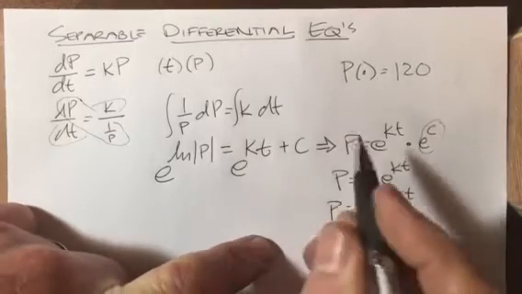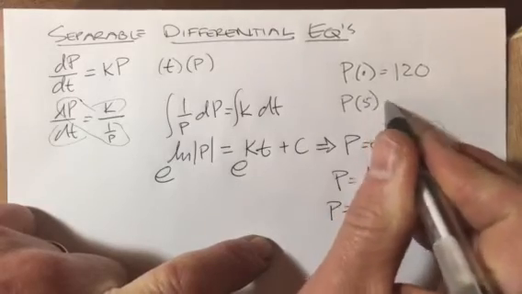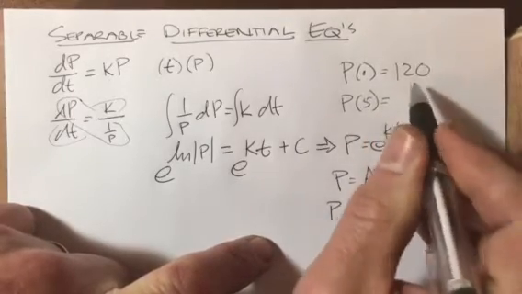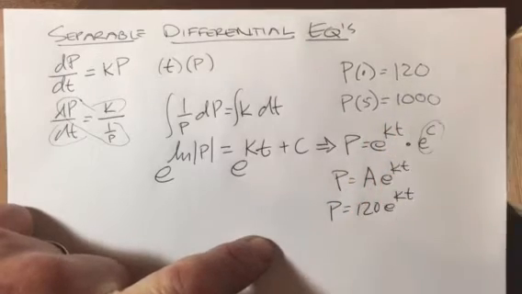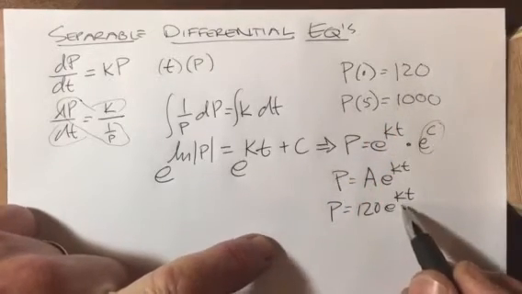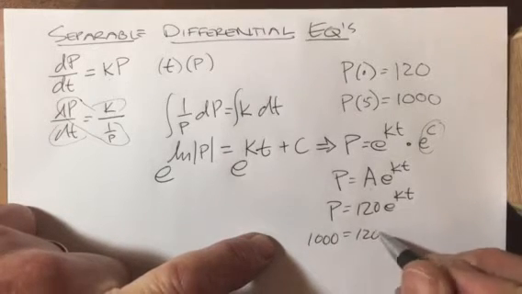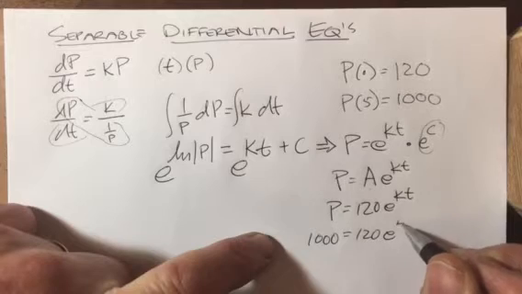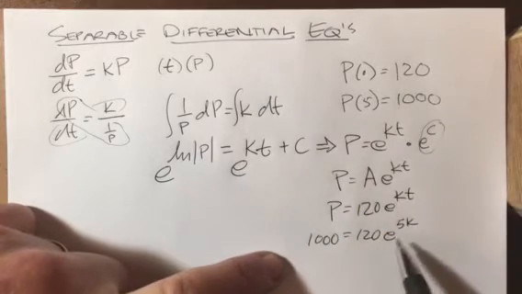If we had a second fact, that at some predetermined point we could measure the population, say 5 hours later the population of bacteria is, I don't know, 1,000 or something like that, we could then solve for k. We'd say, well, 1,000 equals 120 e to the 5k, because it's been 5 hours later if this is an hourly growth rate.